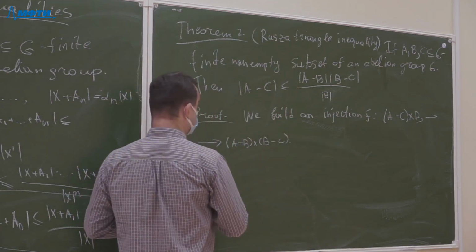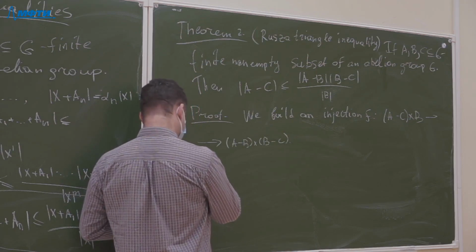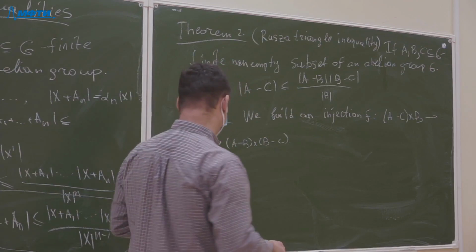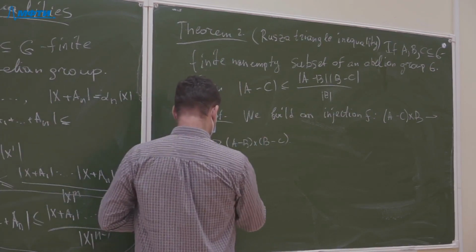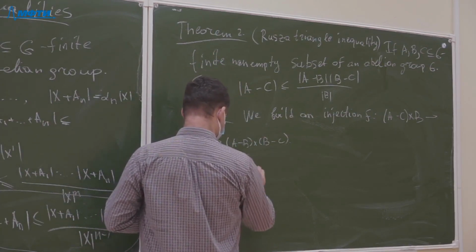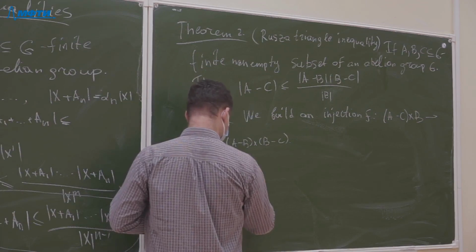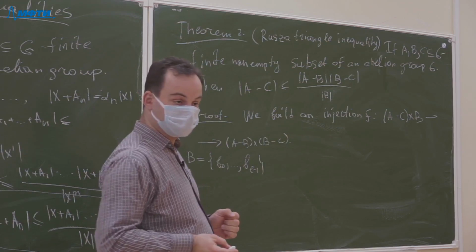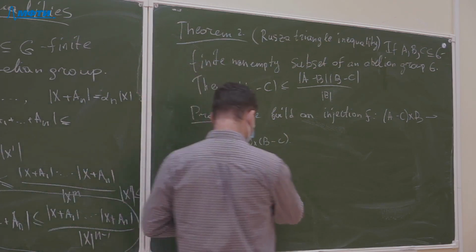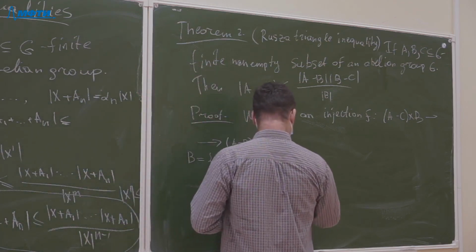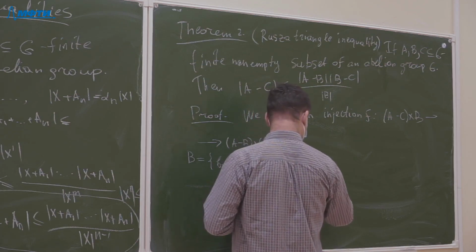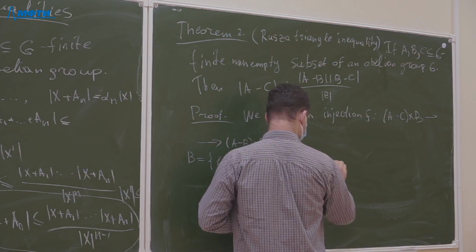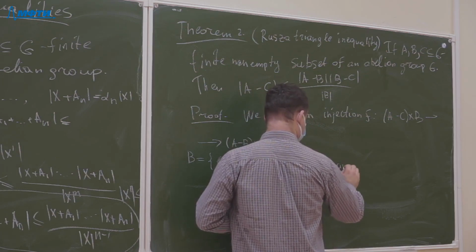First, we just number the elements of B somehow. Let's take any numbering.